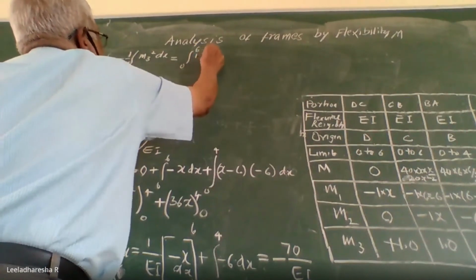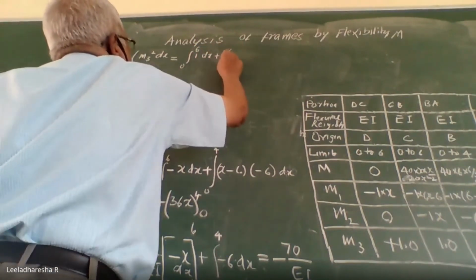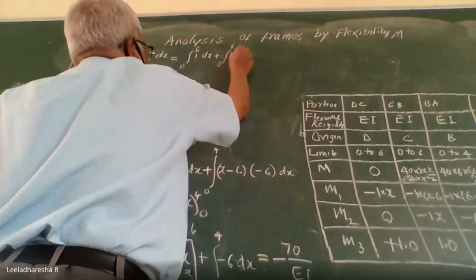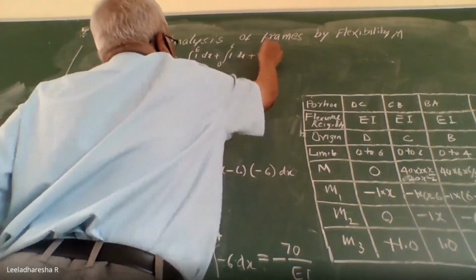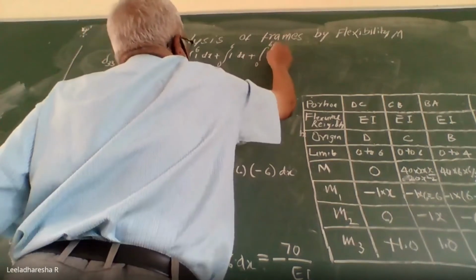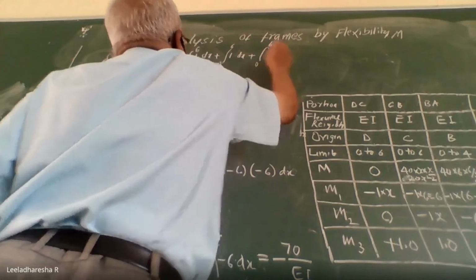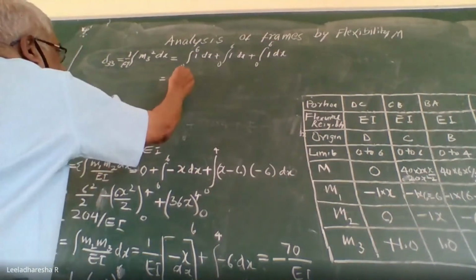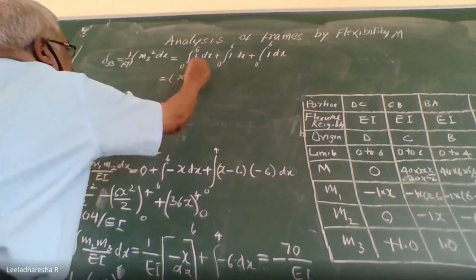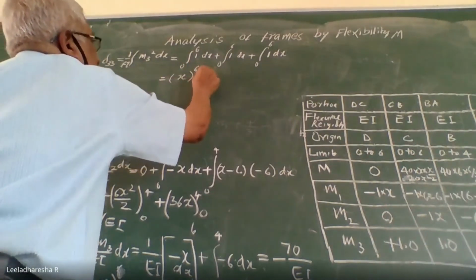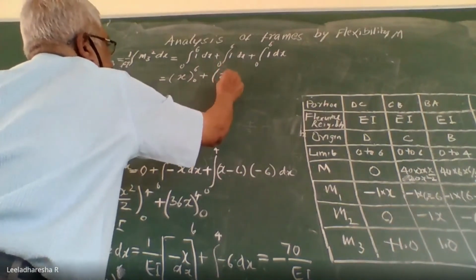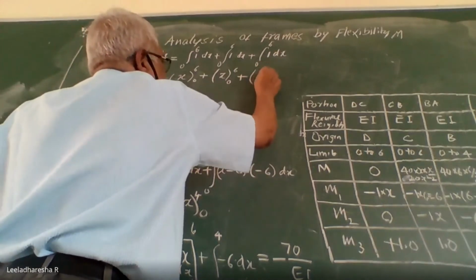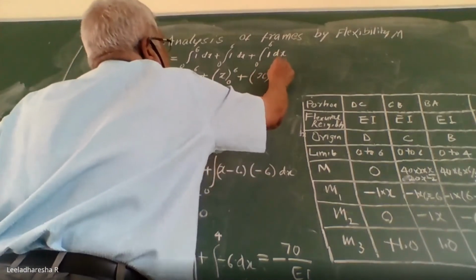1 into dx, plus 0 to 6, again m3 square for the second also, 1 into dx, plus 0 to 6, 1 into dx. So this will be integration of dx, which is x only, between the limits 0 to 6, plus x only between the limits 0 to 6, plus x only between the limits 0 to 4.